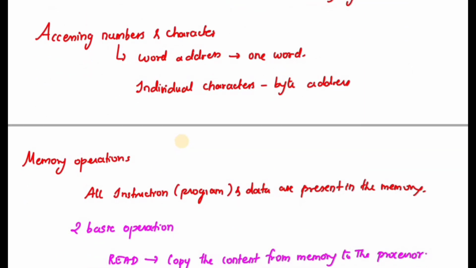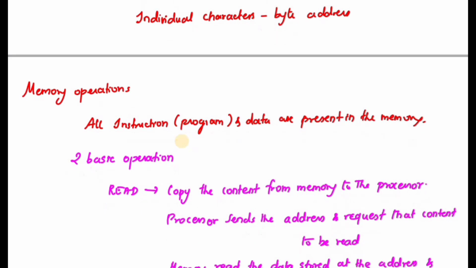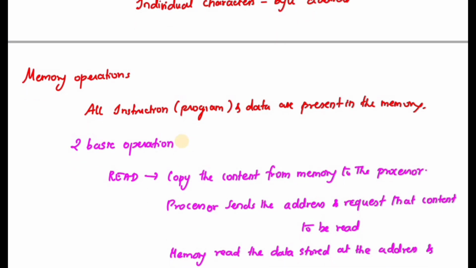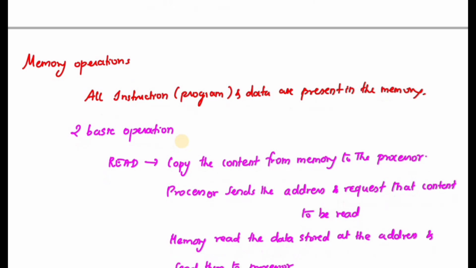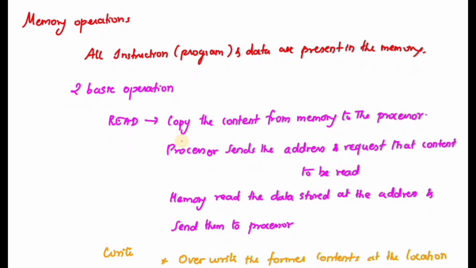So there are two types of operation in the memory, read and write. In the read operation, the processor will send the location where the information has to be read in the memory, and the data I want to read is sent to the processor.